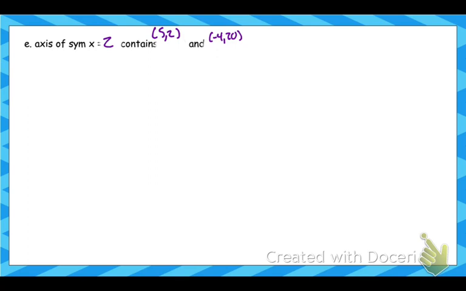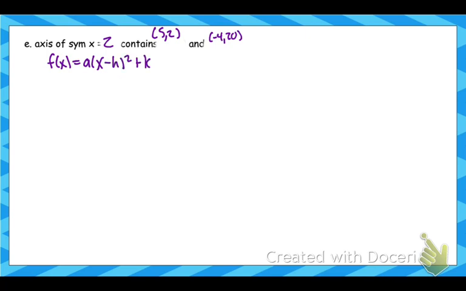Okay, so this one, again, it says we can use either form. I'm going to use vertex form because that's going to be easier for the variables and the information that we have. So the reason I want to use vertex form is because I do already have one of the components of vertex form. If the axis of symmetry is x equals 2, then if I do f of x equals a times x minus h squared plus k, I already know h.